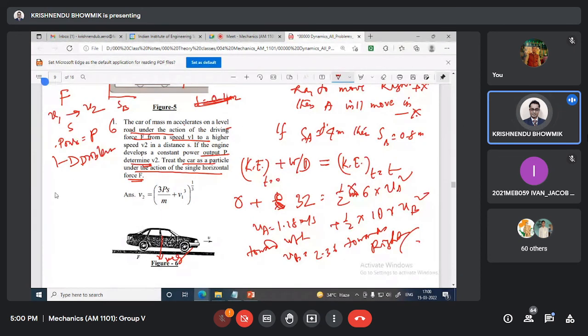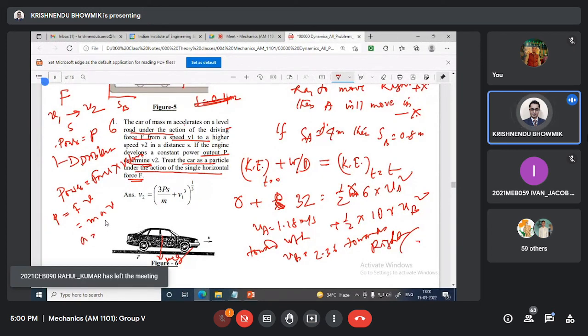So we can write the expression for power equal to force multiplied by velocity. P equal to F multiplied by V. F equal to ma, then V. Acceleration equal to P by mV.